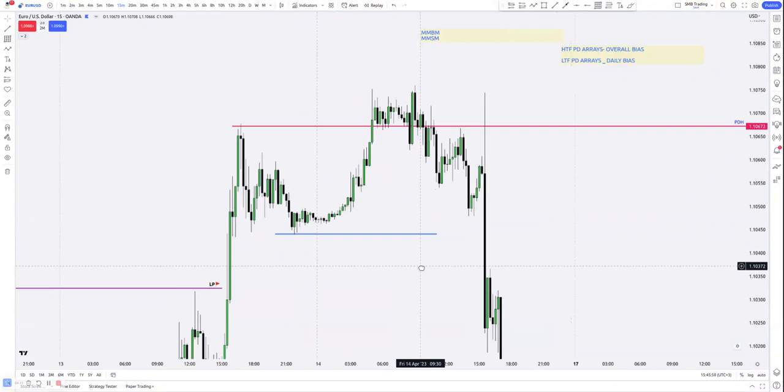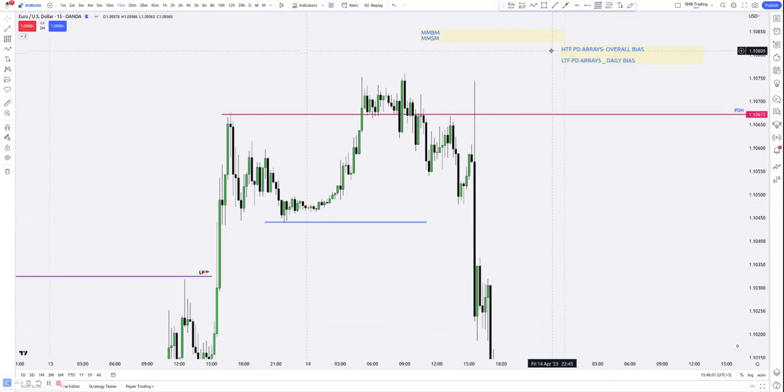A perfect market maker sell model, we should take a previous structure and then we come back to sell. Let me repeat that. A perfect market maker sell model, we should take the previous structure for us to sell.